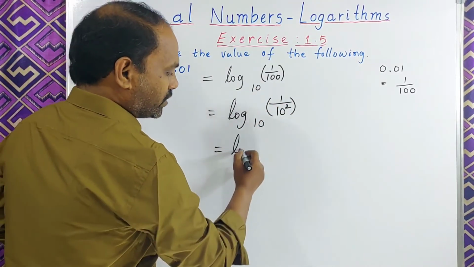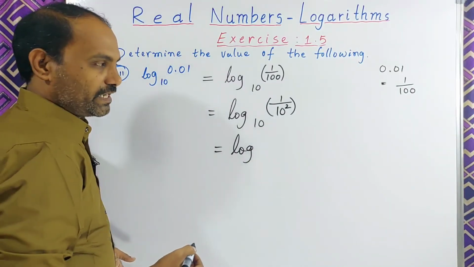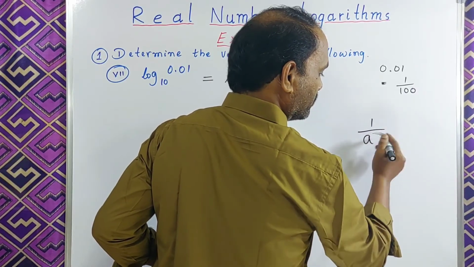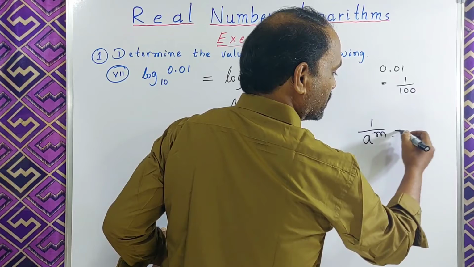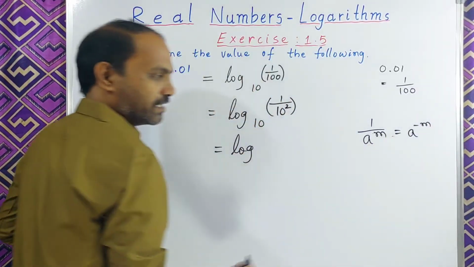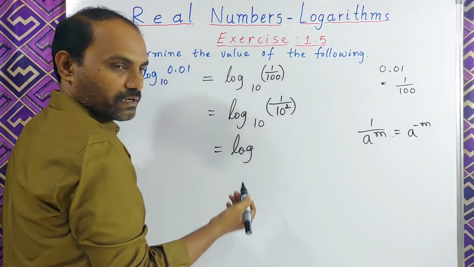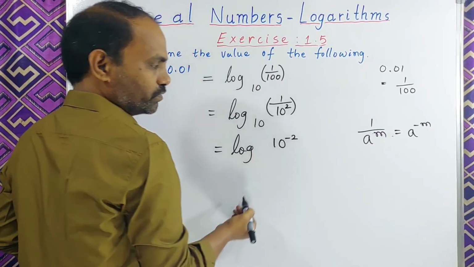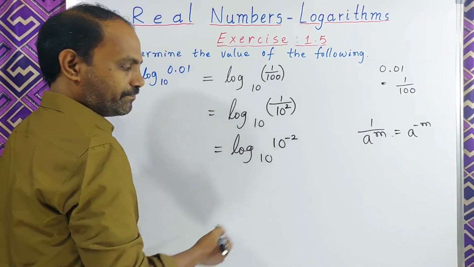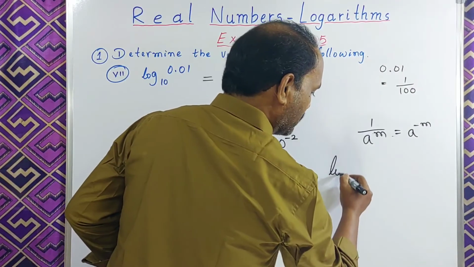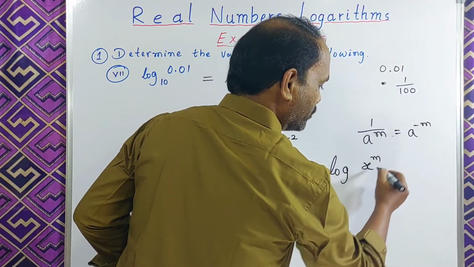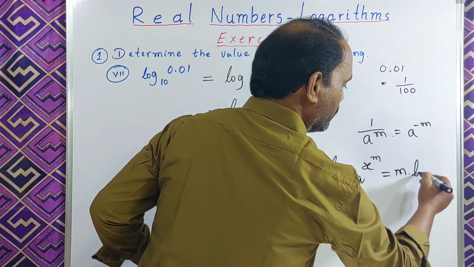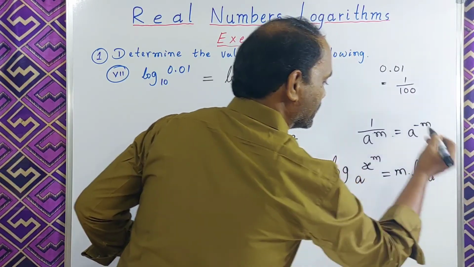Now how can we write? By using the laws of exponents, 1 by a power m is equal to a power minus m. By using that law, we can write this as 10 power minus 2 to the base 10. And then use this formula, log x power m to the base a is equal to m into log x to the base a.